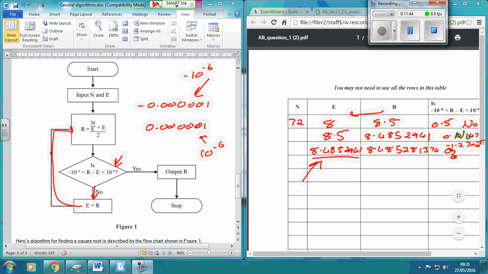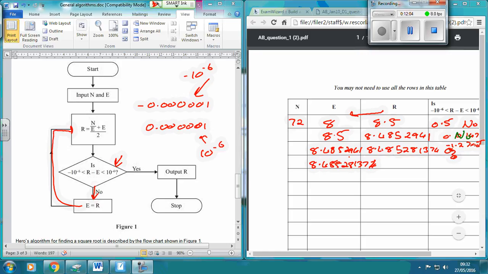So we then let 8.485281374 be our next value. Then we substitute that in.